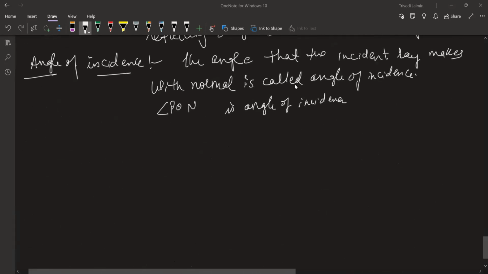That is the angle I. This is a symbol, right?